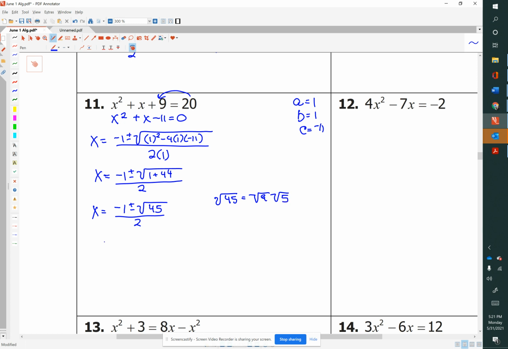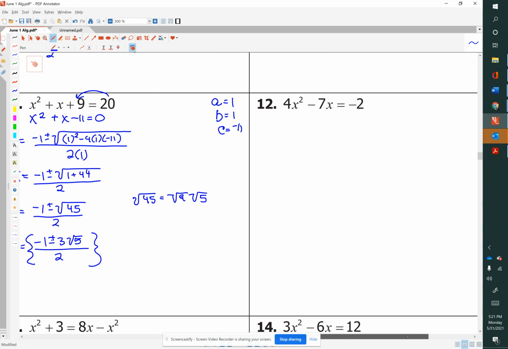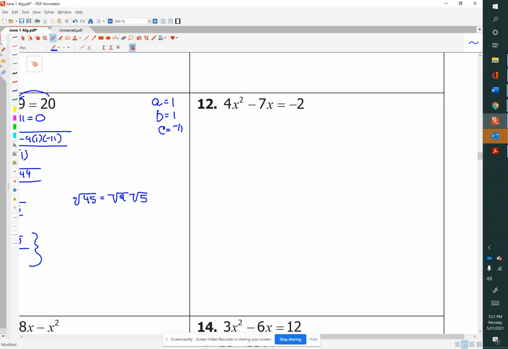And the square root of 9 is 3, so that will give us x equals -1 plus or minus 3 times the square root of 5, divided by 2, and that is our final answer. Can't reduce that any further. That's as much as we can simplify that.